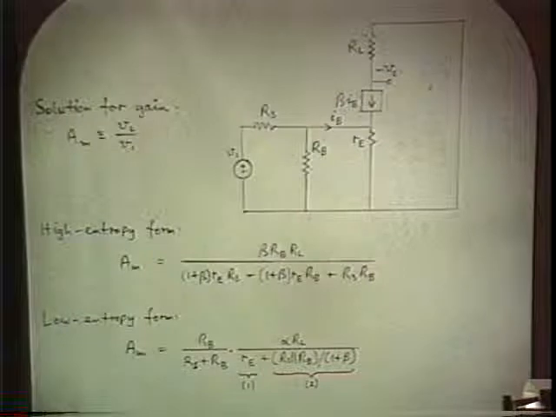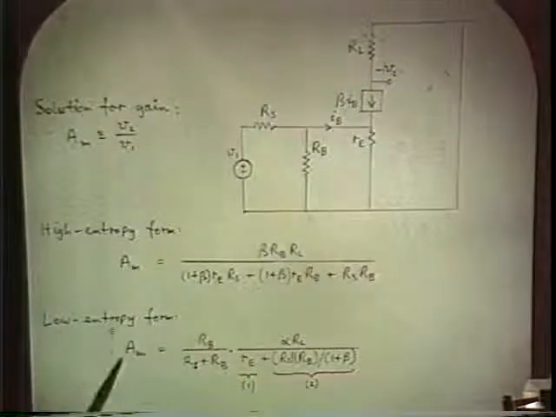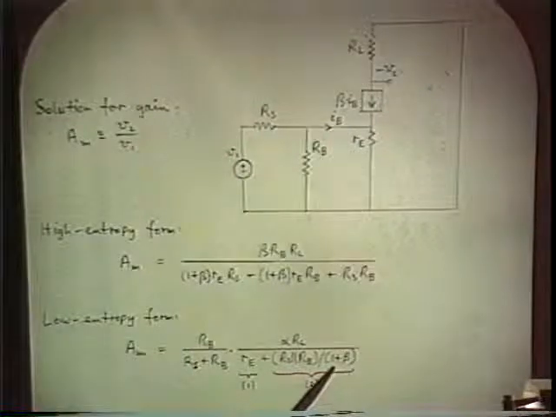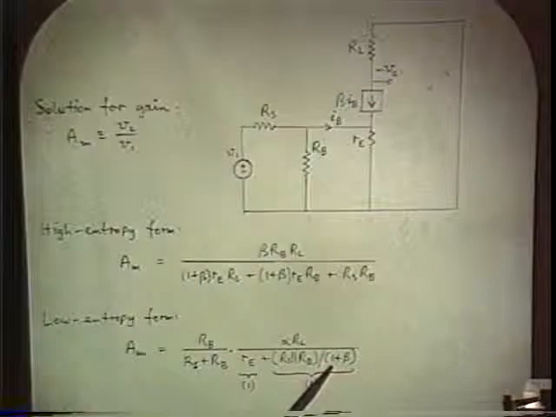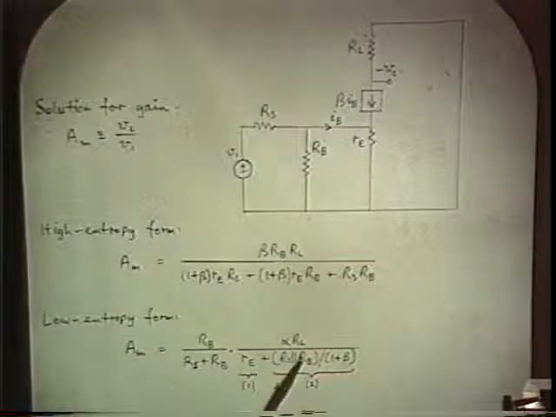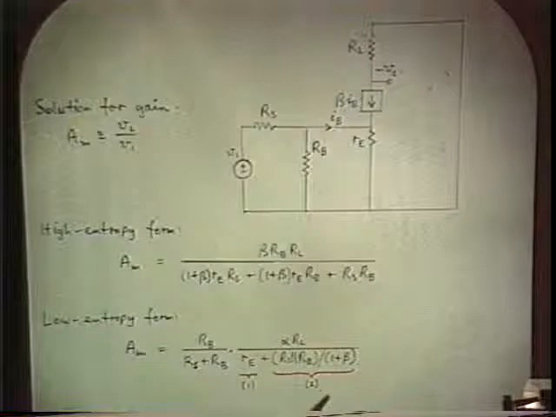So one of the important things to know about an amplifier design is what is the sensitivity of the amplifier gain to the variations of beta within its tolerance range. By expressing the result in this low entropy format, you can see that the beta shows up in the second of two added terms. In other words, the variations of beta are subject to a dilution factor.